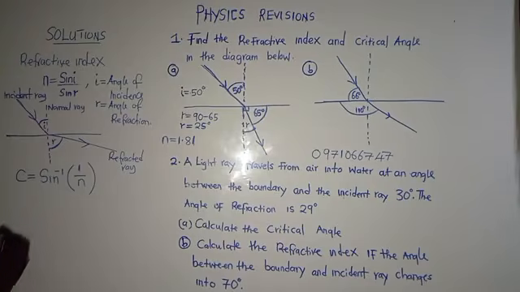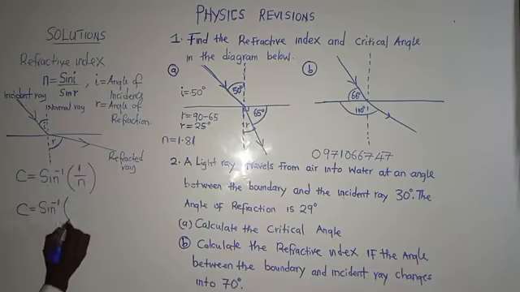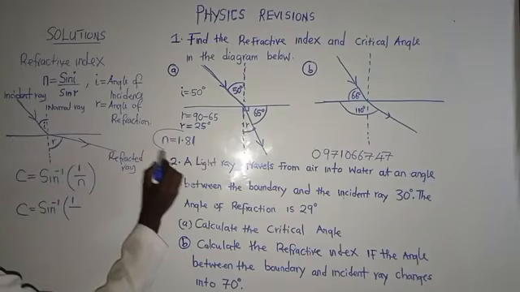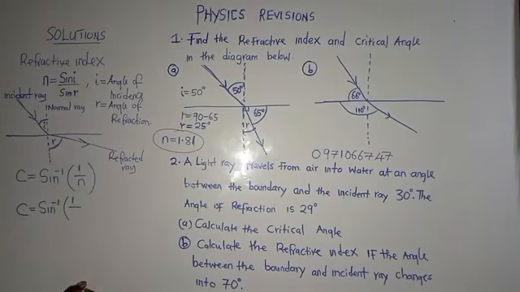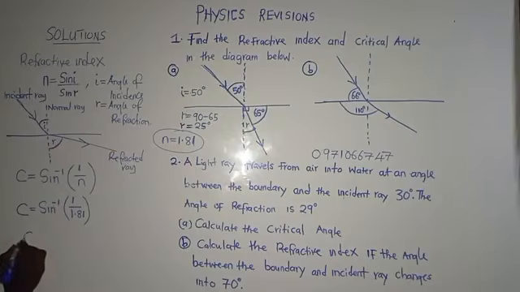So critical angle is equal to sine inverse 1 over the n that you are able to see here. This is the refractive index. So the refractive index is 1.81. So this is equal to sine inverse of 1 divided by 1.81.